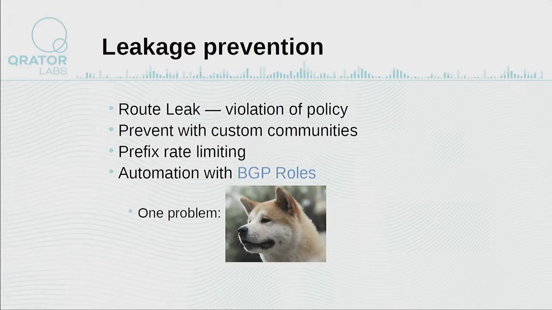First of all, most ISPs prefer customer routes to peer routes and peer routes to provider routes. So if you have two routes, a leaked one and a normal one, you will prefer the leaked one, and so traffic will traverse along this leaked route.